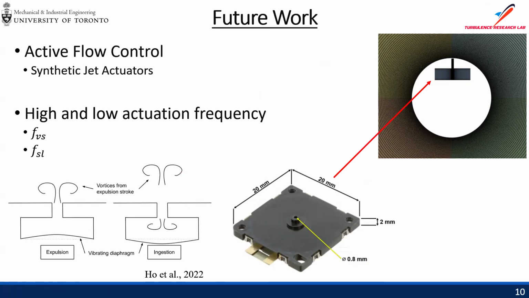Future work. The next step would be to integrate synthetic actuators for active flow control on the 2D cylinder. The goal is to see if we can reduce the drag coefficient and the separated length.